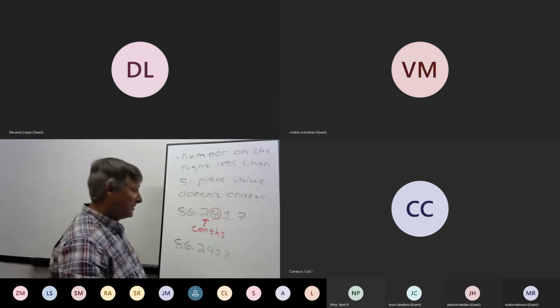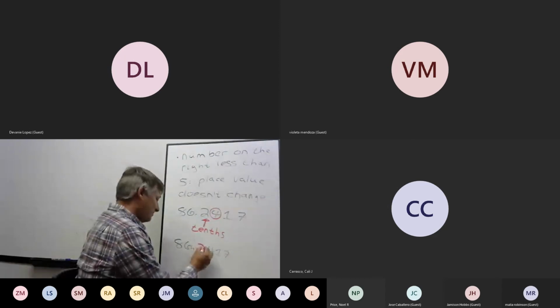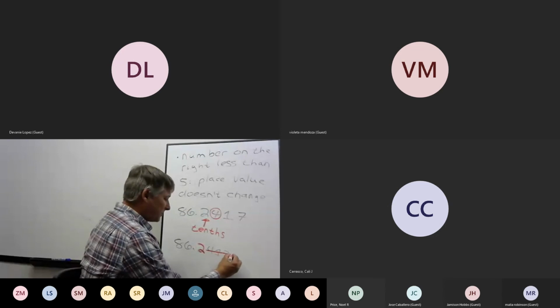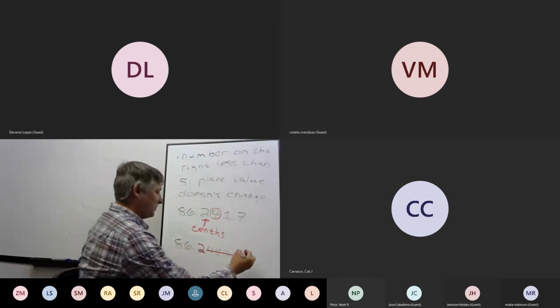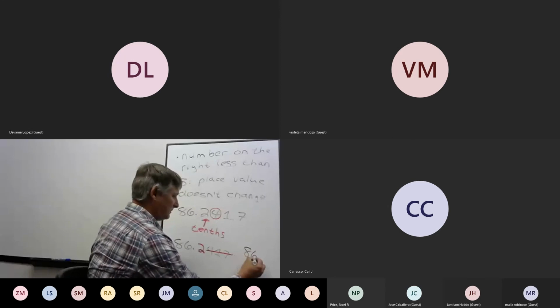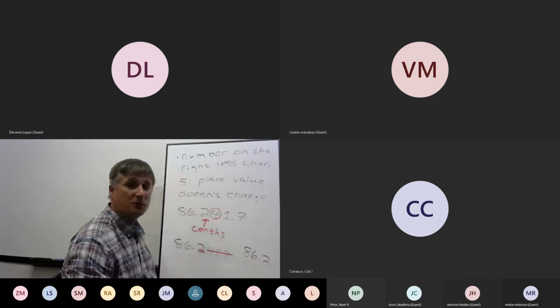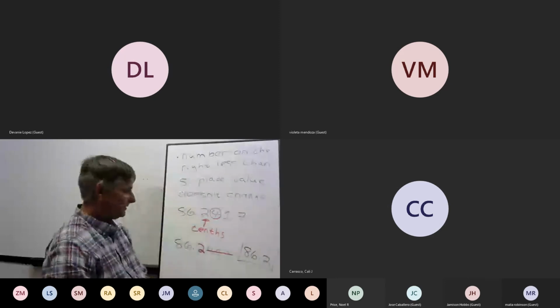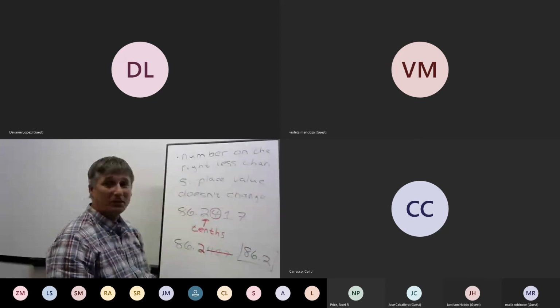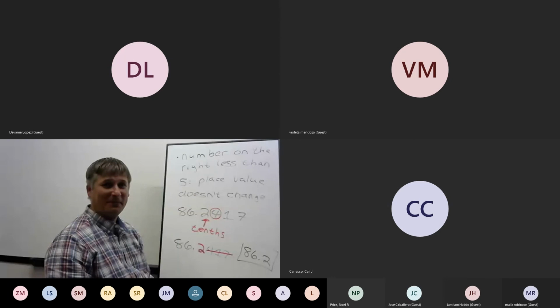It just stays the same. It stays 2. And then all the numbers on the right, we get rid of them as usual. And we'll get 86 and 2 tenths. Questions about that?